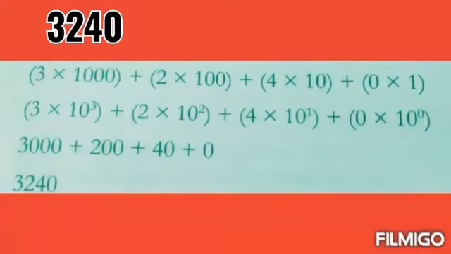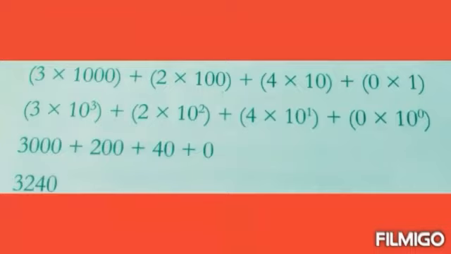The decimal number 3240 consists of the digit 0 in the unit position, 4 in the tens position, 2 in the hundred position and 3 in the thousand position. The method is known as the expanded form.